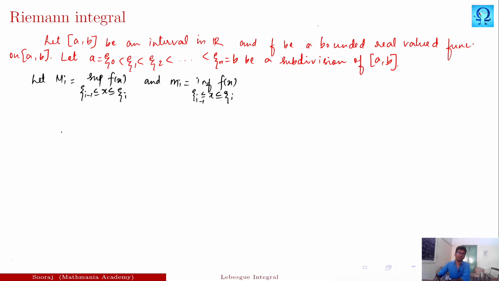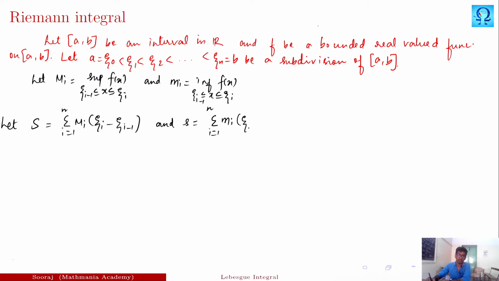After this we are about to define something called the upper sum and lower sum. Let me denote big S as the summation i runs from 1 to n of M_i multiplied with (x_i minus x_(i-1)), and small s as the summation i runs from 1 to n of small m_i times (x_i minus x_(i-1)).